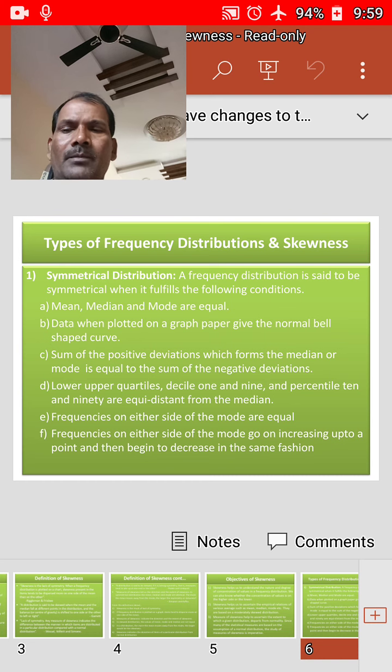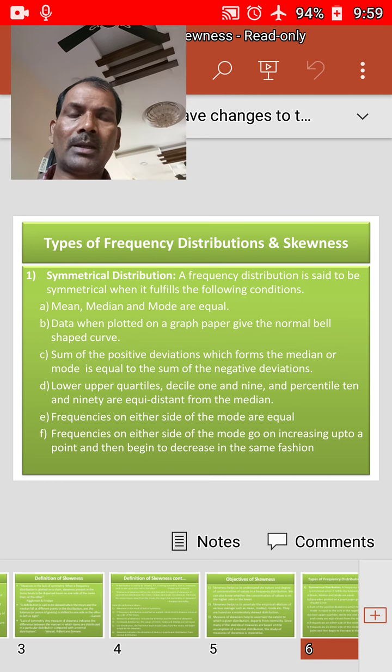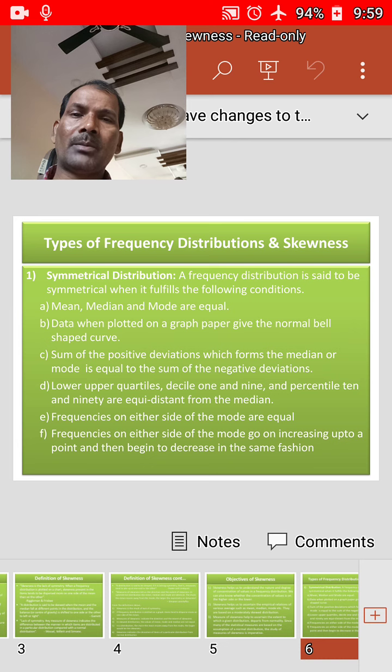Biology students will hear the term symmetric in two cases. One is bilaterally symmetric and the other is radially symmetric. If you can cut the given object into four equal halves, then we call it radially symmetric.